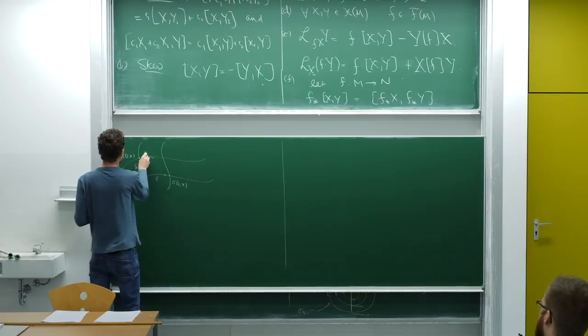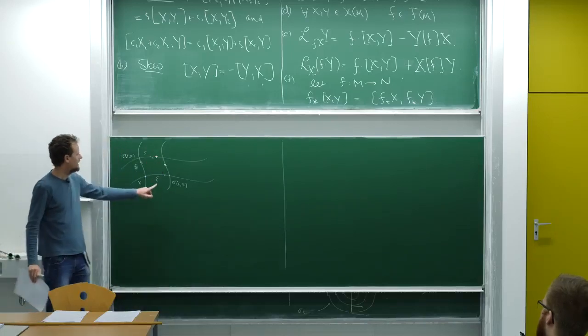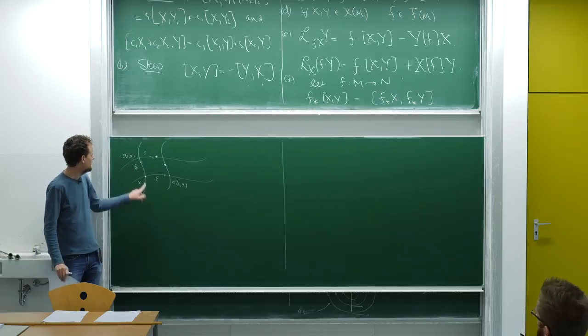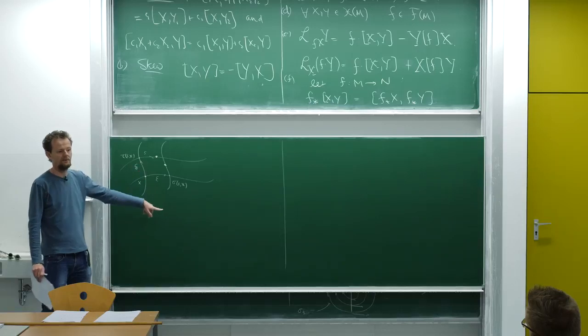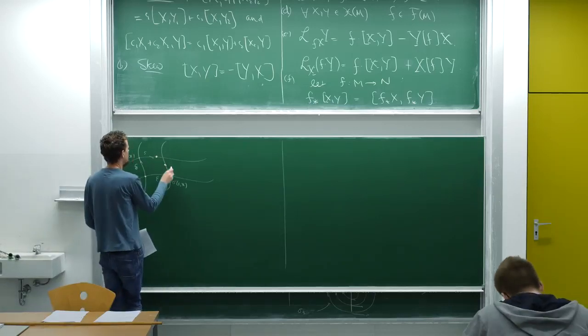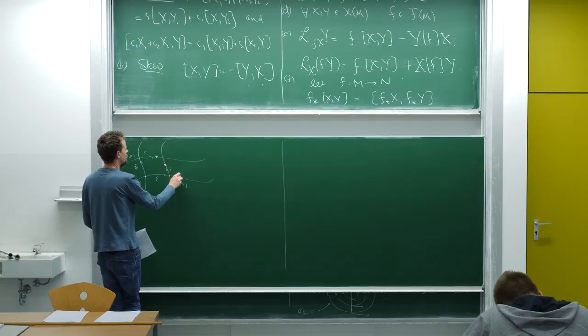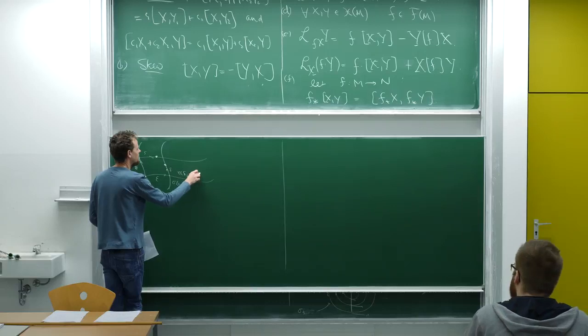And then you could say, well, I want to understand the difference between first flowing according to sigma and then tau and sigma. So you then flow for a time delta according to tau up here, tau delta, but now on sigma epsilon x.